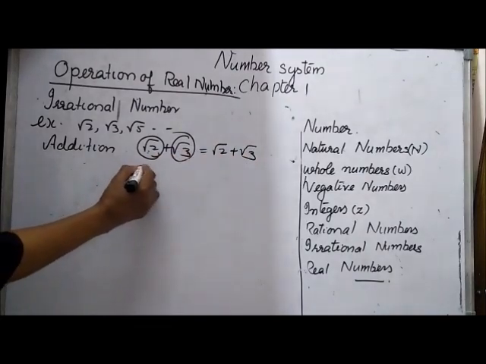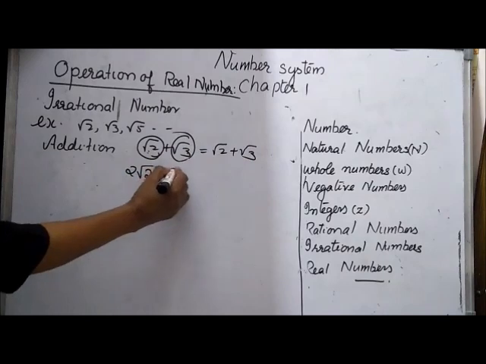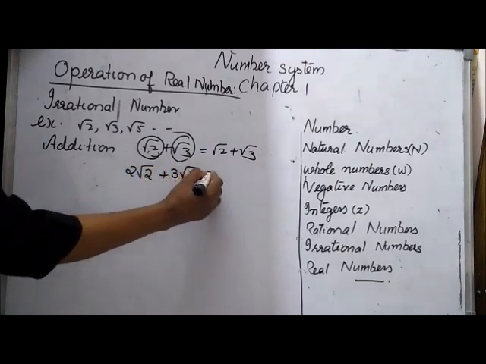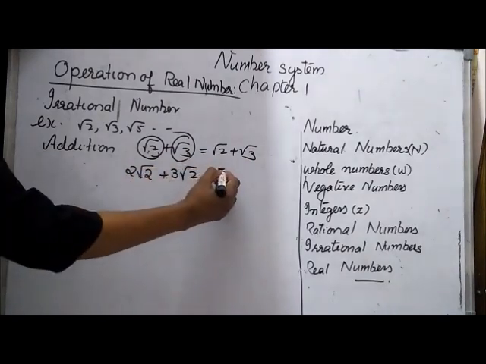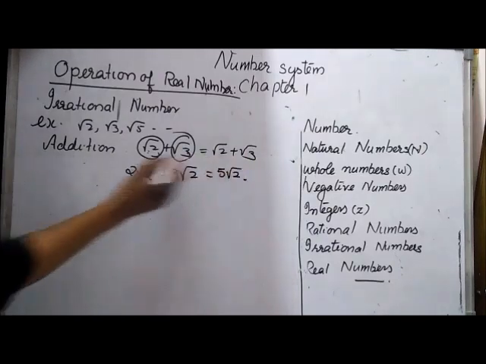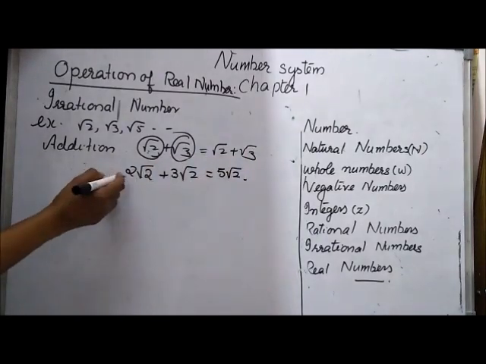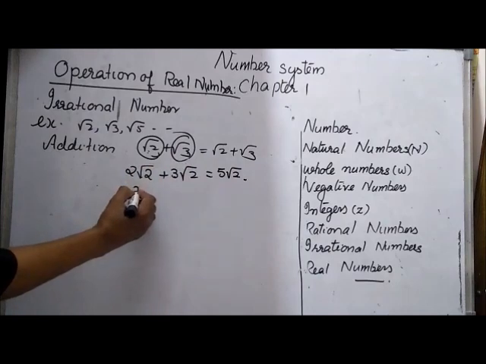But we can add root 2 plus 3 root 2. Taking root 2 common, 1 plus 3 gives 4 root 2.